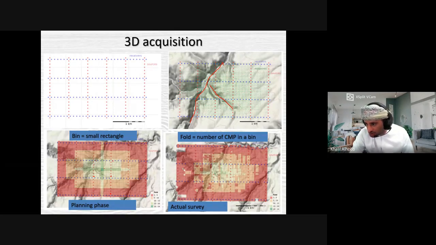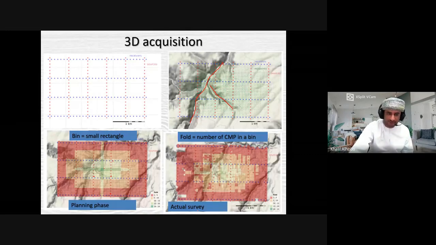There are not many shots, just 2 shots in here, and they are not along the line. They skip the line. This is the actual survey. You make a lot of adjustments, made due to obstacles on the surface of the earth, logistic problems probably, but most often because of constraints or obstacles you find on the surface.